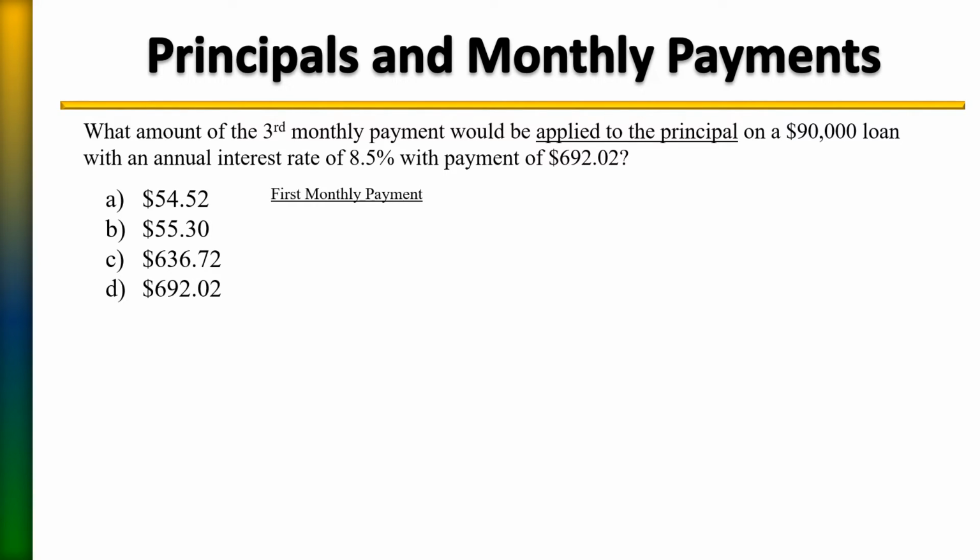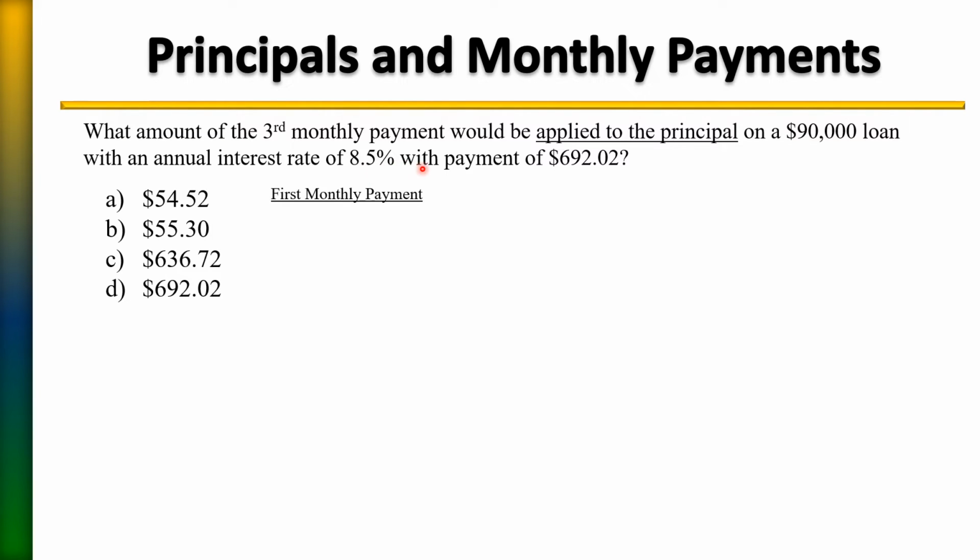So with the first monthly payment, to find the interest there, remember it's going to be the principal, which is $90,000, times the rate, write that as a decimal, which would be 0.085.